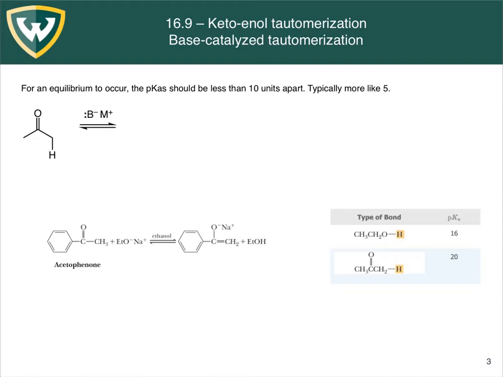For an equilibrium to occur, the pKa of the carbonyl compound on the one side and the pKa of the conjugate acid of the base on the other should be less than 10 units apart. And if they're like 9 units, then you're going to still have almost all enolate. So you typically need a gap that's closer to 5 to get any kind of real equilibrium.